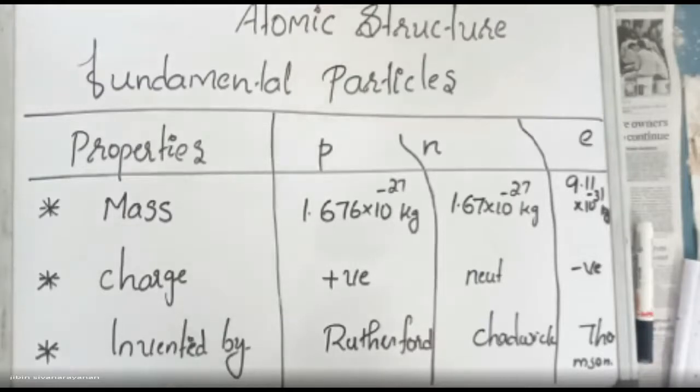Before quantum mechanics started as a concept, there is a technical term called black body radiation. I think you might have studied black body radiation at the beginning of quantum mechanics in your degree classes. So what is a black body? A black body is a body which absorbs all kinds of radiation that falls on it.